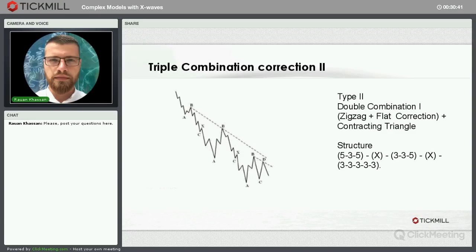It's quite complex to identify, as each part of this triple combination is a bigger model itself. So you really need to spend a decent amount of time counting waves. But once again, as it's been completed, you're able to get a precise entry level for your next trade.